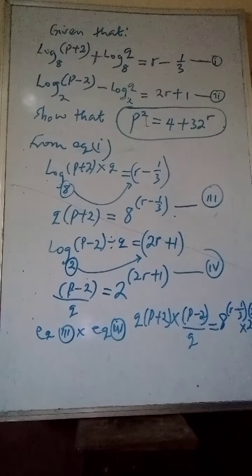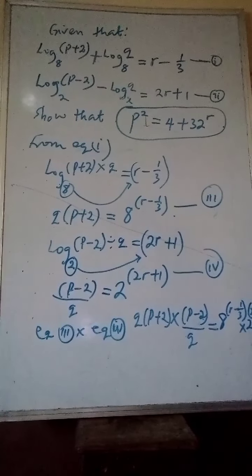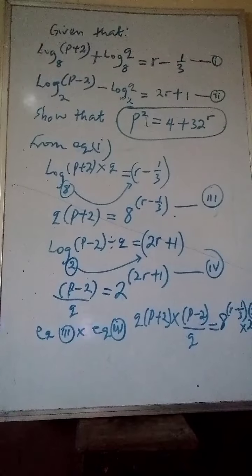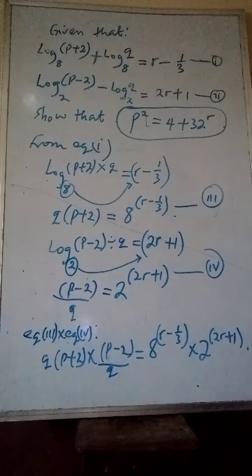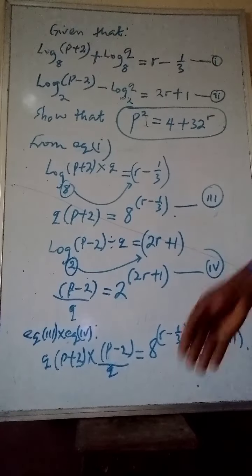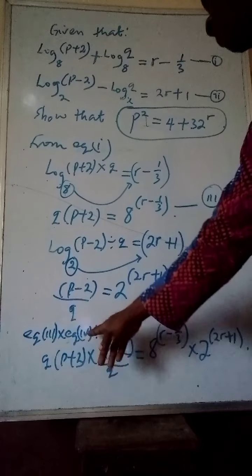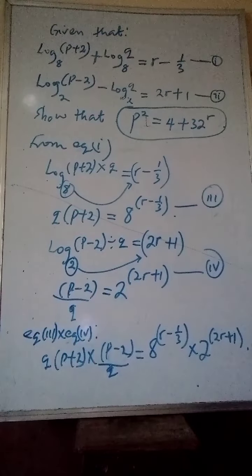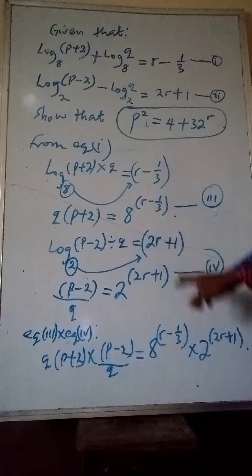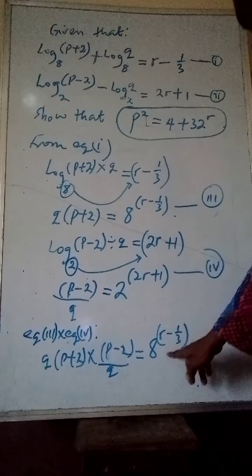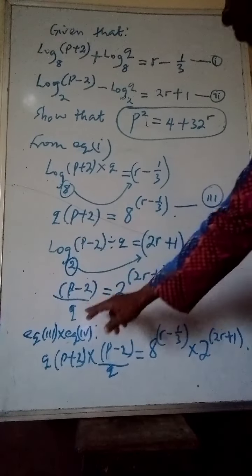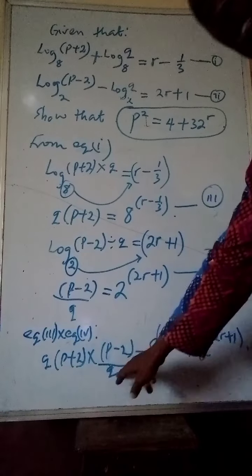Okay, I think I need to extend this to this side. Multiplying equation 3 by equation 4, I'm going to have this times this, which is this times this, then this times this, which is this times this.